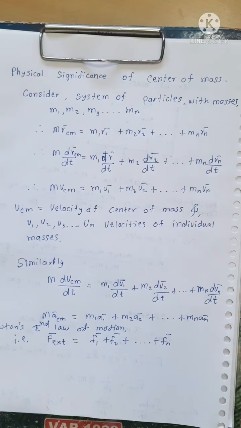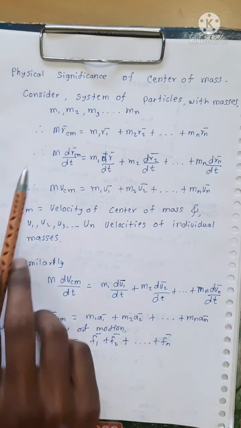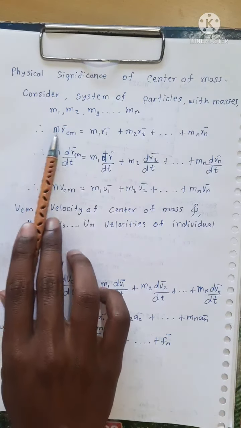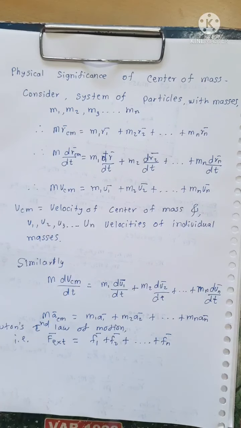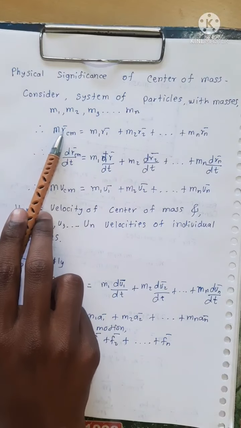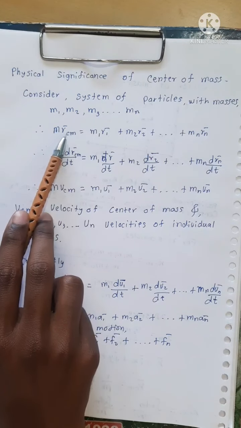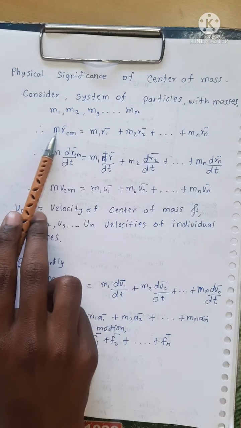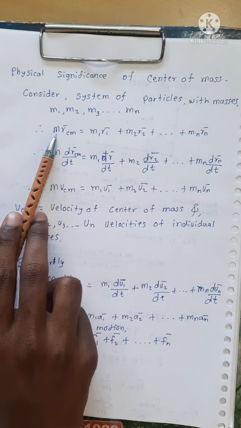Let's see the physical significance of the center of mass. Consider n particles having masses m1, m2, m3 up to mn. We know how to write their mass moments, like mass and the distance from the center of rotation. So that is M r bar_cm, where r bar_cm is the position vector of the center of mass, and M is the mass of the whole system.